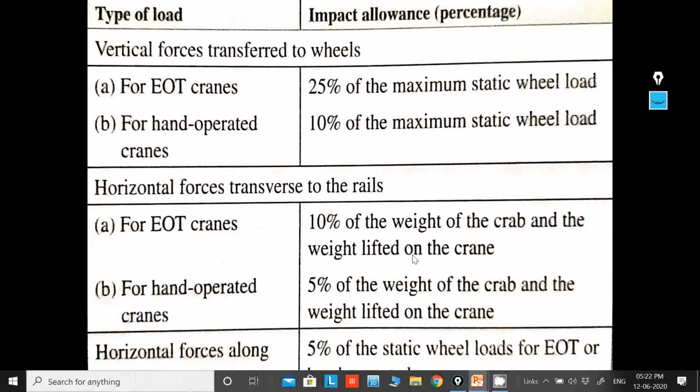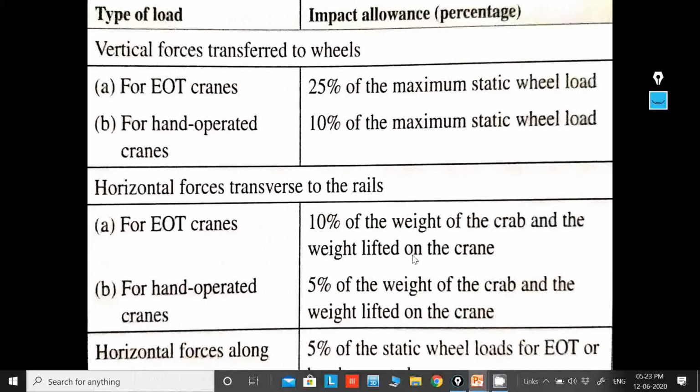It is generally due to the sudden application of brakes, acceleration, retardation, vibration, or maybe slip. To account for all of these, suitable impact factors are to be applied to the loads, and this table is related to that impact allowance.